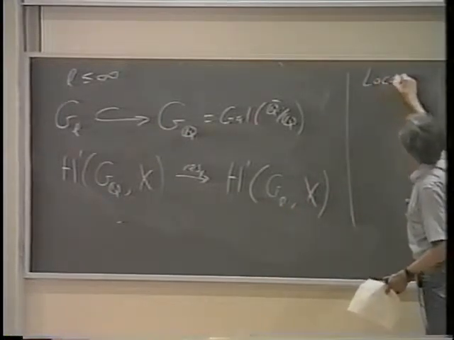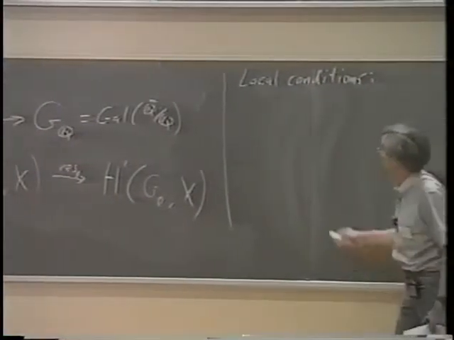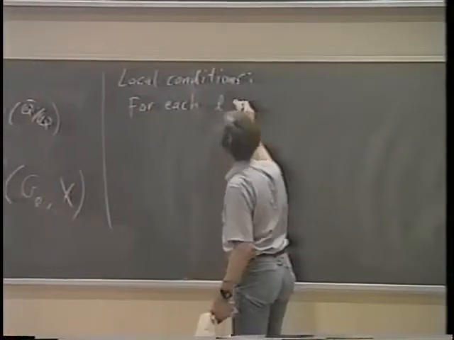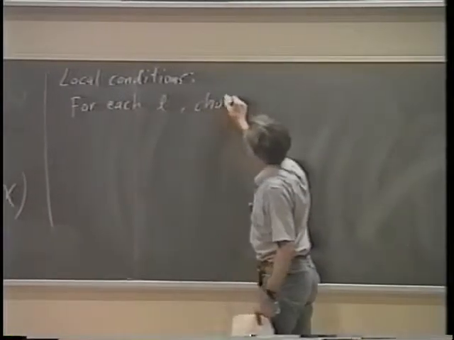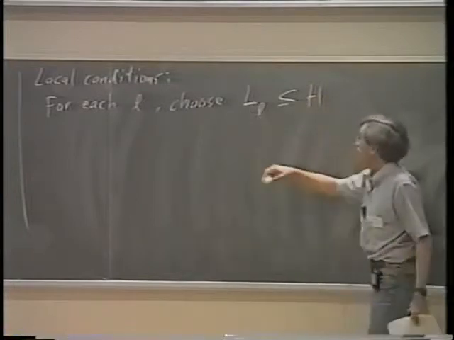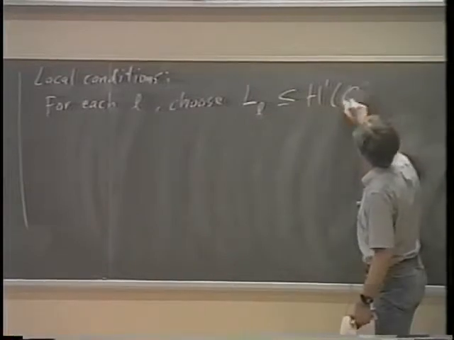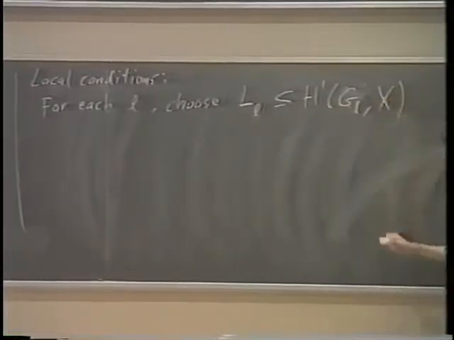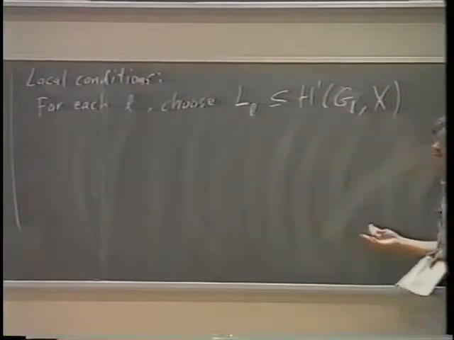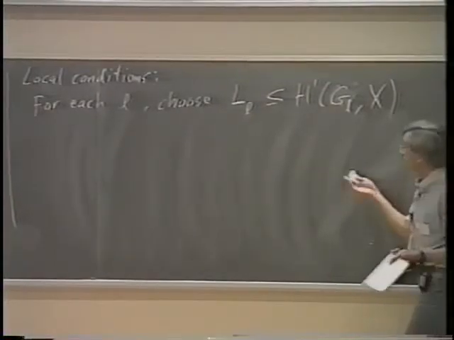So a set of local conditions means for each L, including infinity, you choose an L sub L, and it's actually a subgroup in H1 of G sub L, X. But in all the Galois representations we come across, you only have finitely many primes ramifying and things like that.